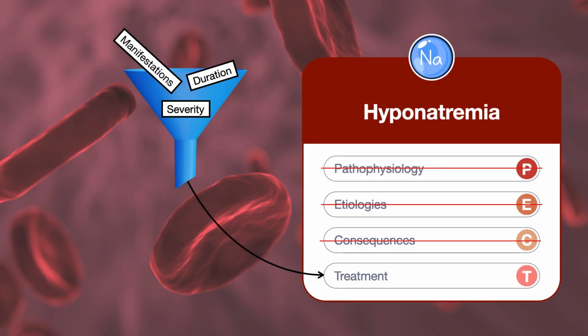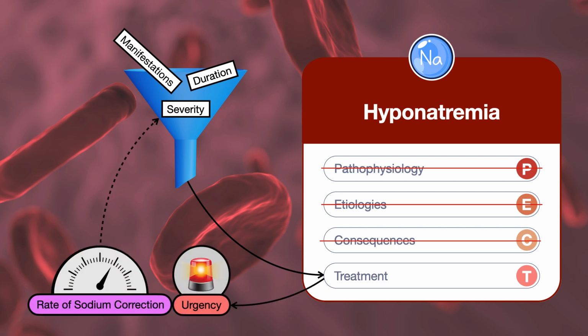Understanding the clinical manifestations, duration, and severity of hyponatremia is critical as we transition into our final section on treatment. That's because the urgency of treatment and appropriate sodium correction rate depends on these factors.